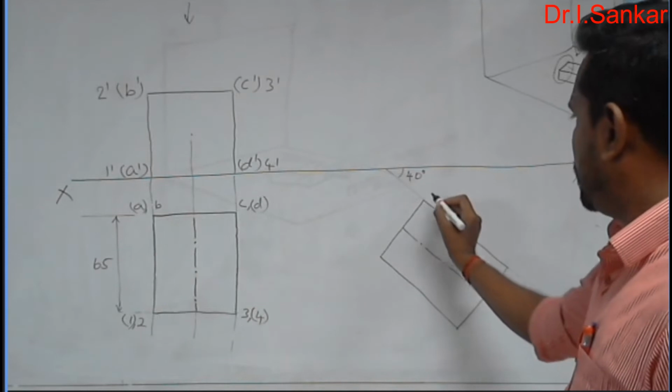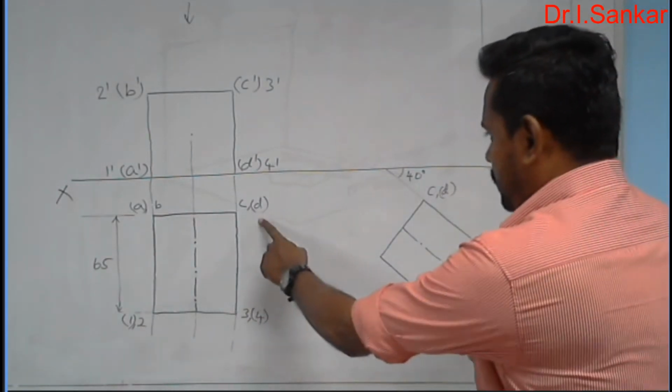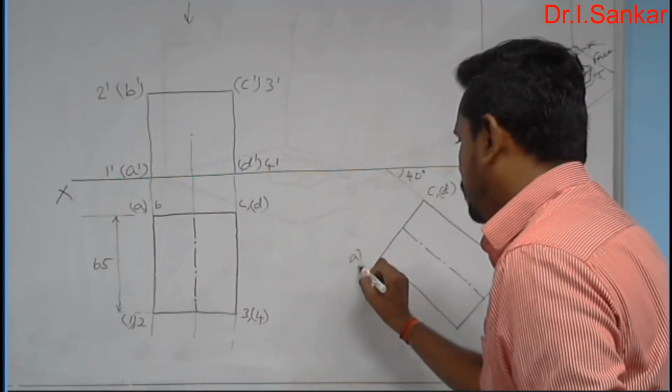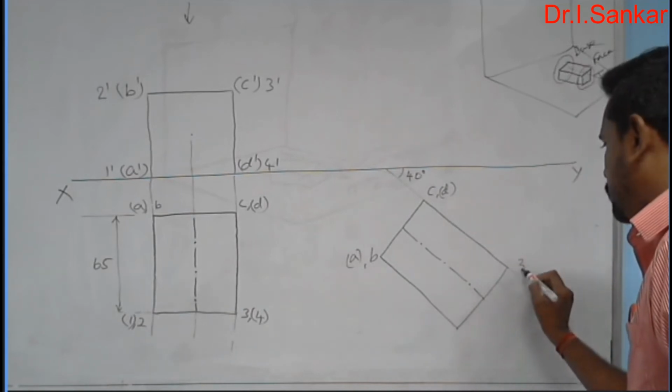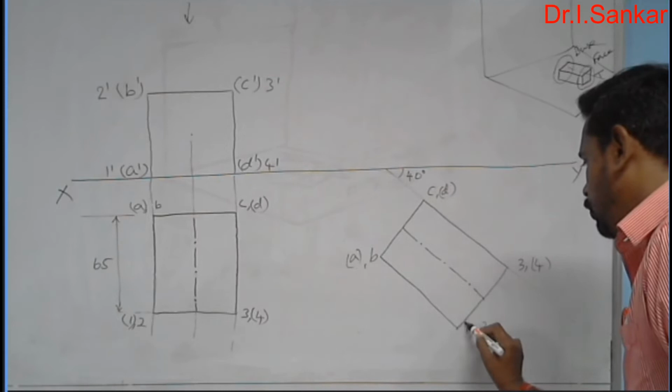The same way of naming here. C, D, this name here, that name here, A, B, and here 3, 4, and 1, 2.